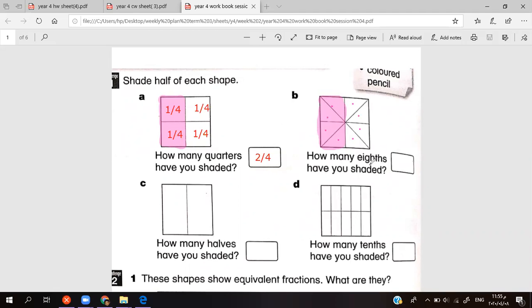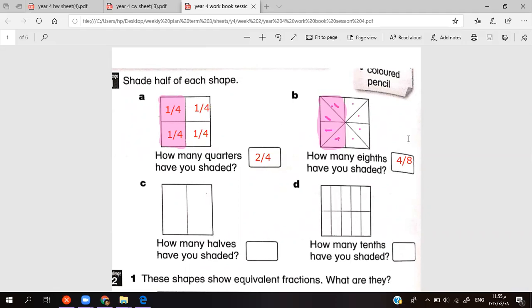That's why eighths. Each part is 1 over 8. How many eighths have you shaded? 1, 2, 3, 4. I shaded 4 parts from 8. So it's called 4/8.